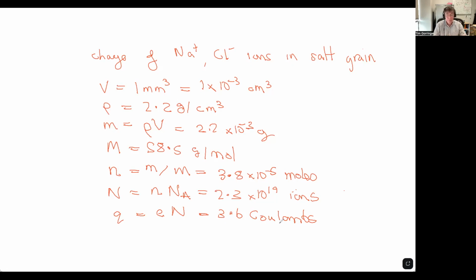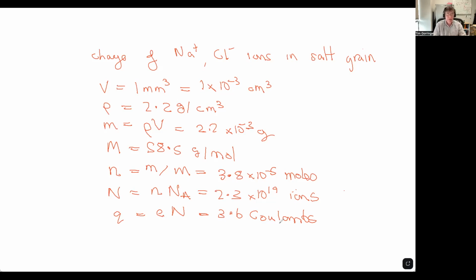A coulomb is actually a huge amount of charge. It's just a huge quantity of charge. We're not exposed through friction or rubbing to coulombs of charge. We're exposed through friction and rubbing to micro and nanocoulombs of charge.